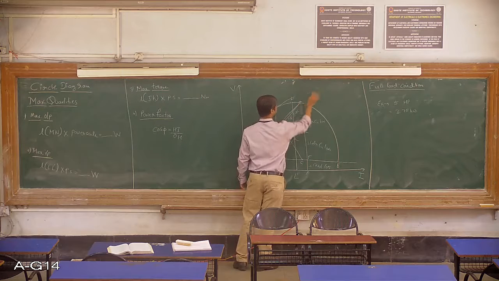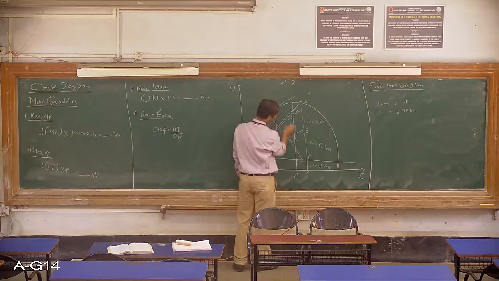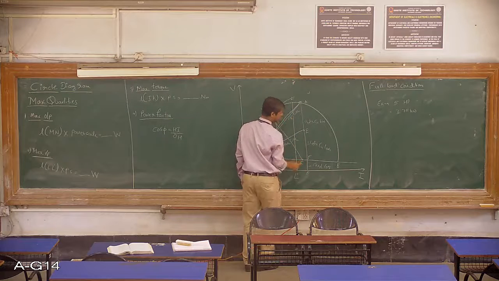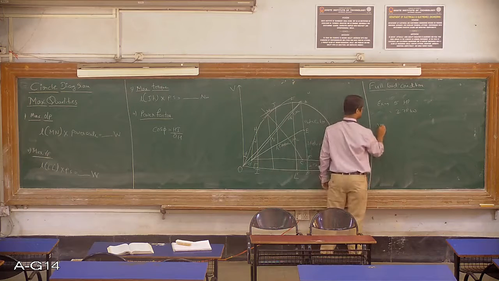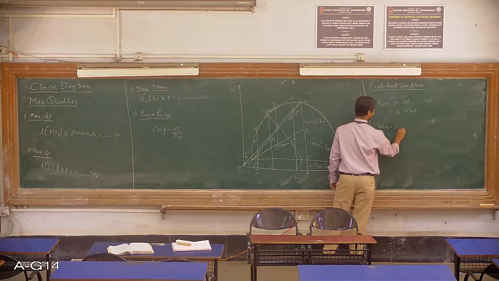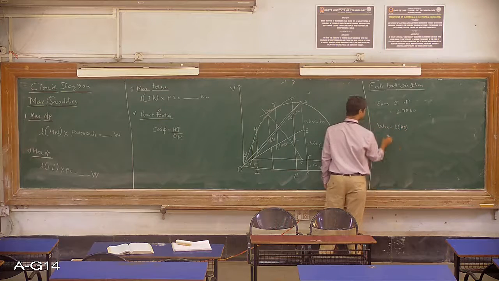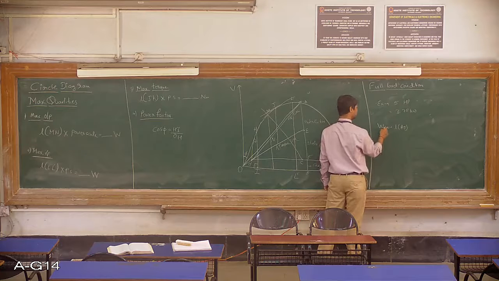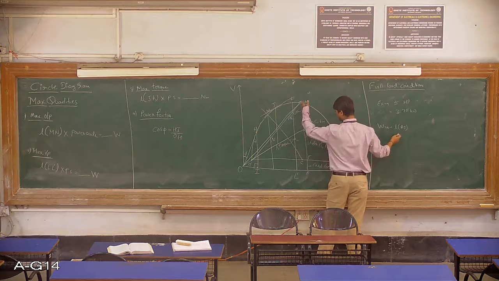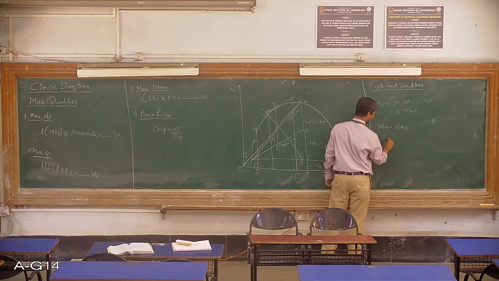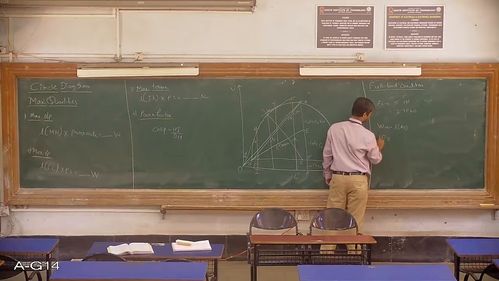Okay, now I'll show you how to do that. Now we already know that this length AD is nothing but WSN. WSN is nothing but length of AD, and we had already calculated WSN, and we also can check the length of the AD, so only we have calculated the so-called power scale.